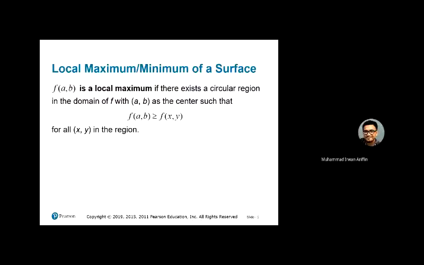So this is how we technically define a local maximum or minimum of a surface.